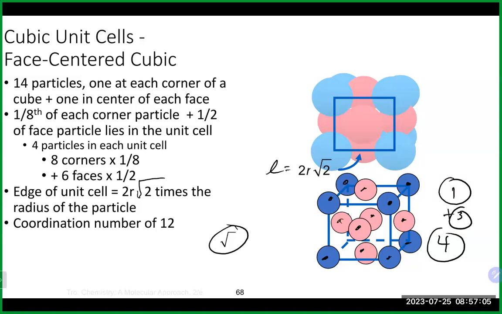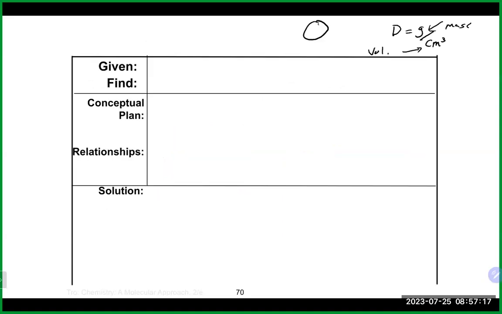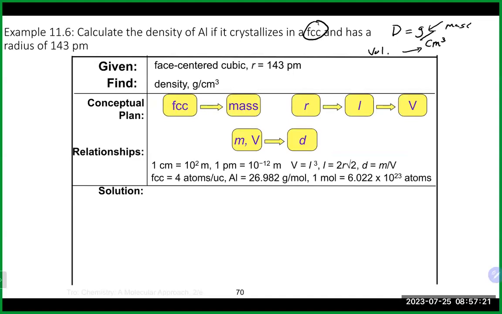So that is one of the important pieces of information that you can get from that. Again, we got the 3 atoms on the faces and the one atom in the corners. The other important thing is how we calculate the length of a cell, which, as we saw on that slide, is 2 times r times the square root of 2.